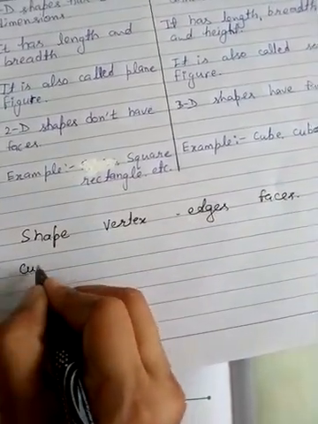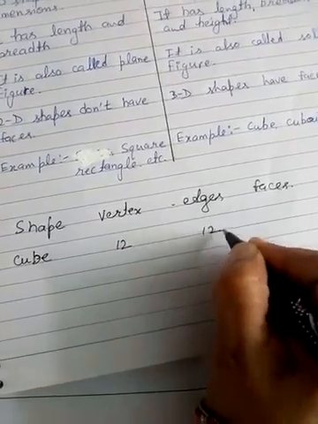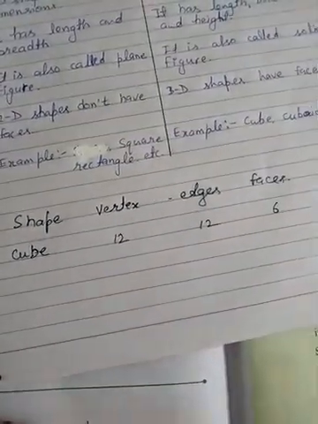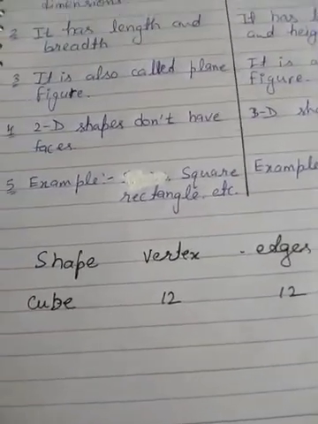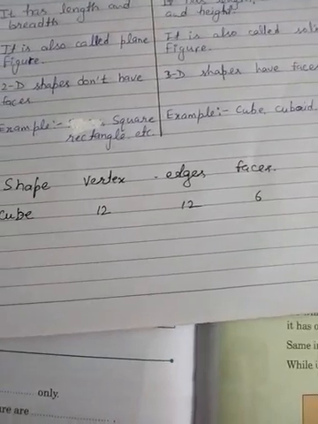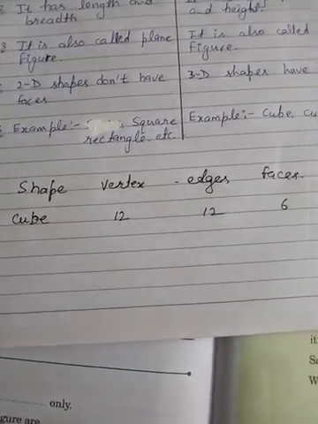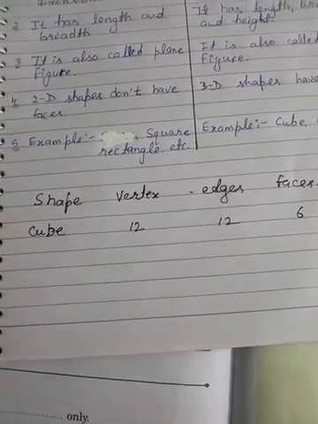Like if you write cube, so how many vertices does a cube have? 8 vertices, 12 edges, 6 faces. So you have to write it like this: cube, cuboid, cylinder, cone, sphere, whatever shapes you know which are given in your book only. For the 3D shapes you have to make that much only.